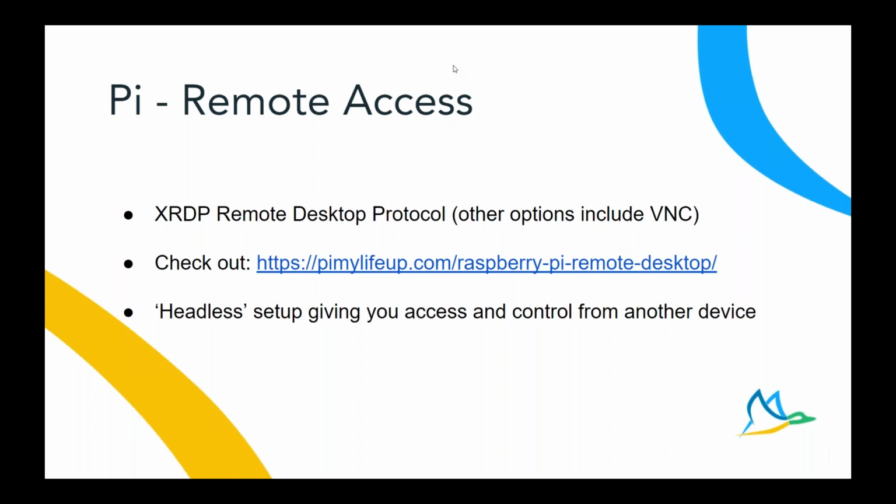So once you've got it all set up and you've got all of your remote desktop protocols enabled, you can then run everything from your usual laptop. Just leave your Pi running somewhere on your desk, or wherever, and then just access it periodically from your own laptop to see what it's doing. That way you don't have to have a monitor running, you don't have to have anything else plugged into it, and that can be a super efficient way of doing this.